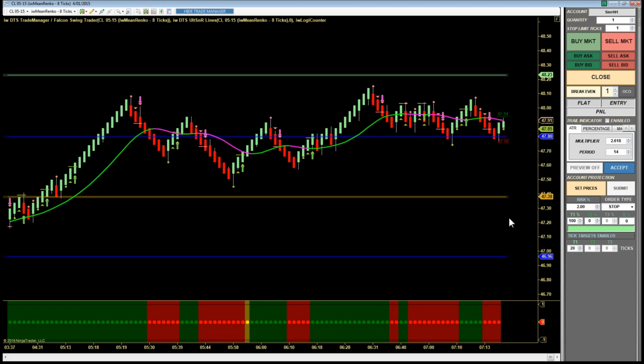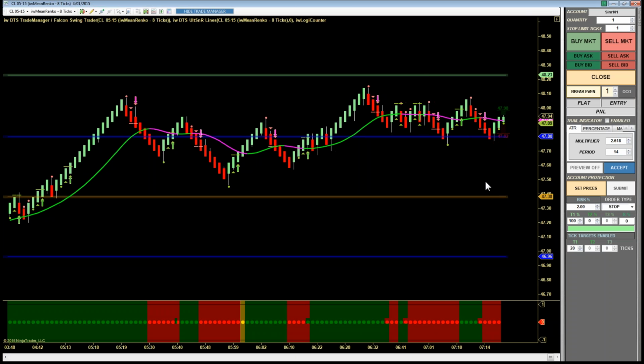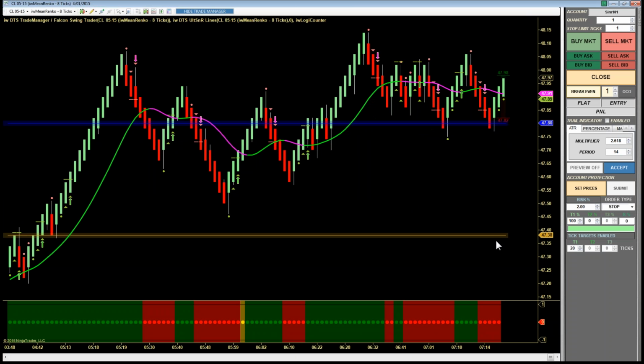So right now, crude oil looking slightly more bullish because we're here above the primary resistance. Bouncing just shy of the secondary resistance, but we'll see. These are not pivot points. These are not Fibonacci levels. If they happen to coincide with one, it's more of a coincidence than anything.